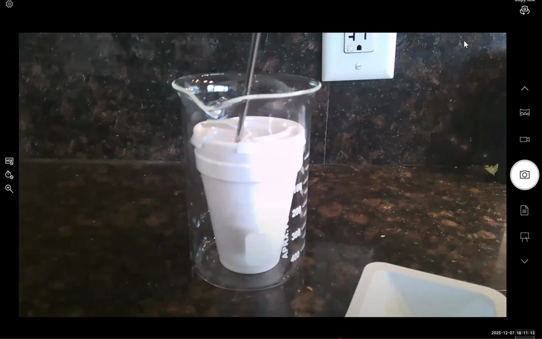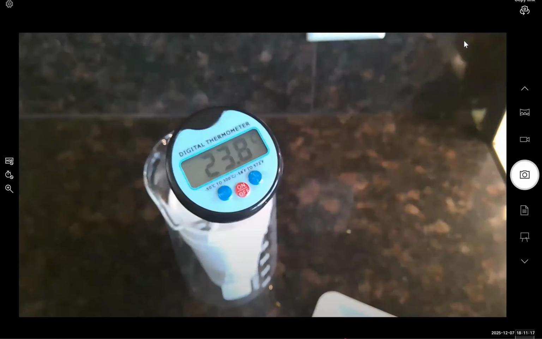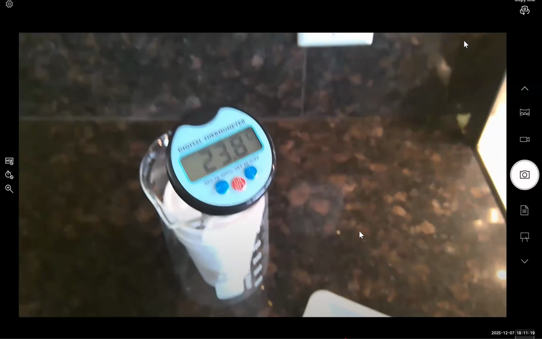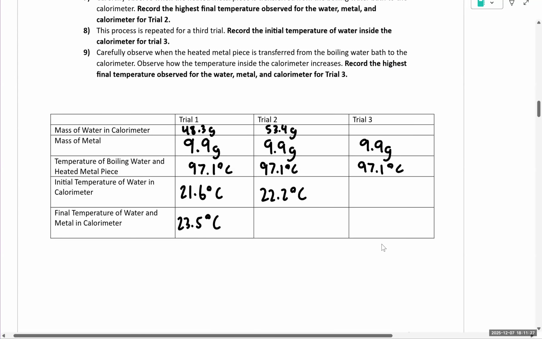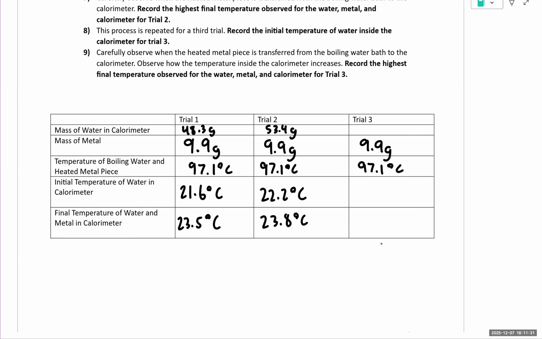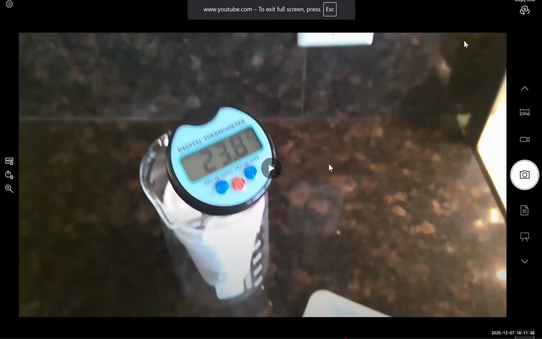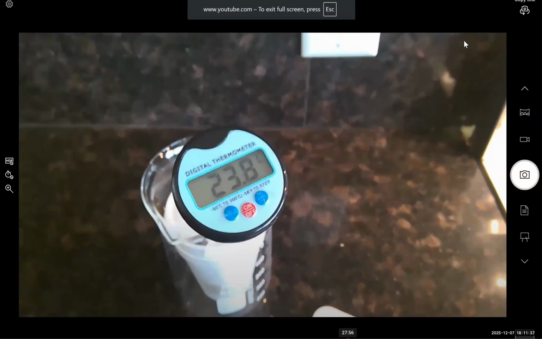So we're allowing time to pass, letting the metal piece and water exchange heat, and that gives us a final temperature of about 23.8 degrees Celsius. So we'll record that as the final consistent temperature. Okay, so we've finished our temperature readings for trial 2.